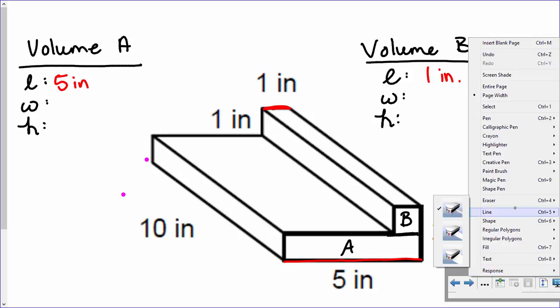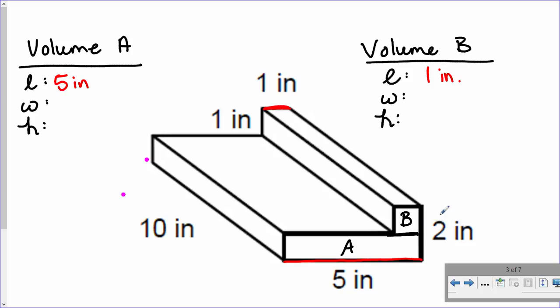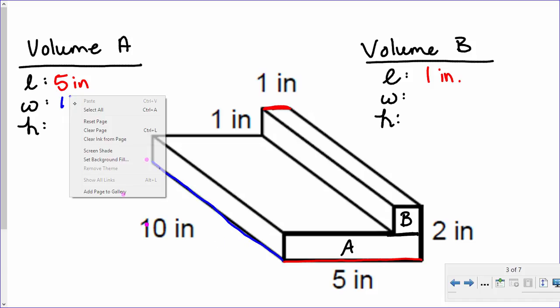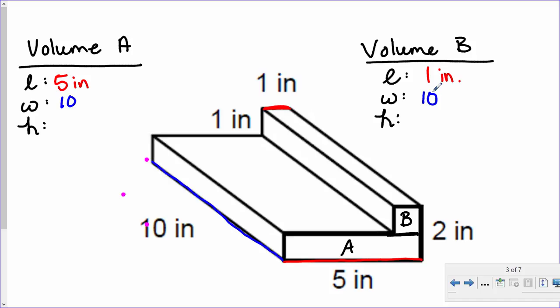Now let's focus on the width. So the width is going to be our front to back. And that is 10. So for A, the width is 10. And for B, the width is going to be 10. Because you'll notice these sides correspond.